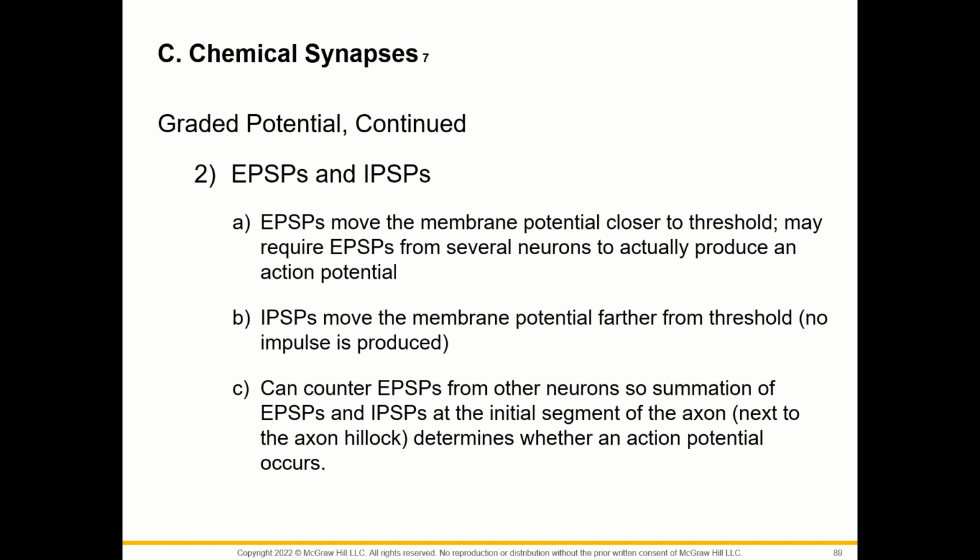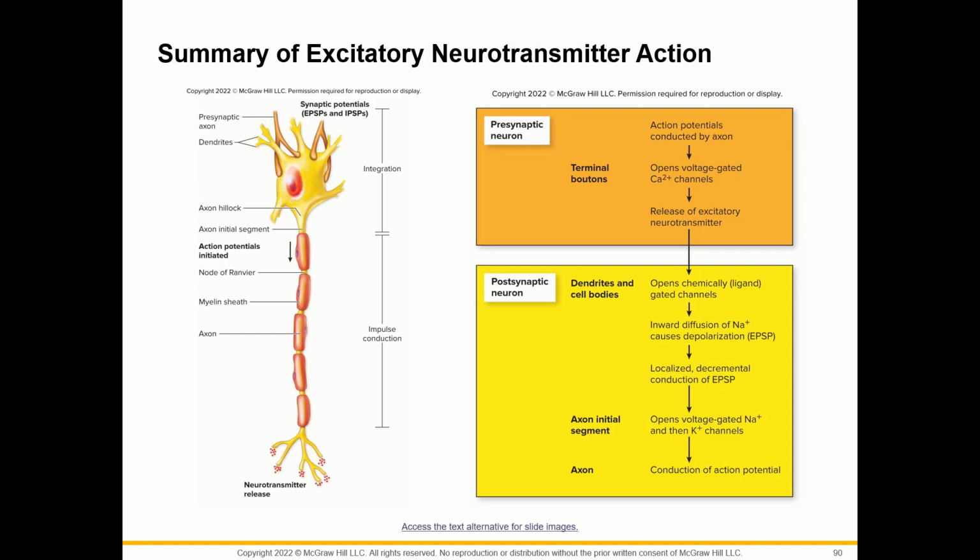IPSPs can counter EPSPs from other neurons. And so the summation of EPSPs and IPSPs at the initial segment of the axon, which is next to the axon hillock, determines whether an action potential occurs. So we can call this summation. And we'll get to that in a second.